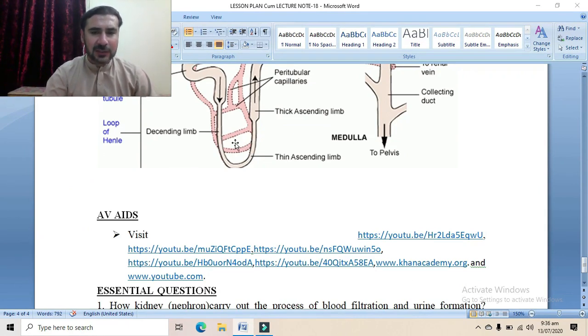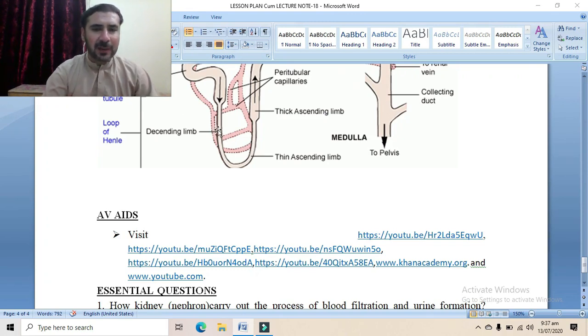So in this space, the sodium chloride concentration becomes higher and the solvent, the water concentration, becomes lower. While inside, the opposite case will occur. The solute concentration will be lower and the solvent concentration will be higher.